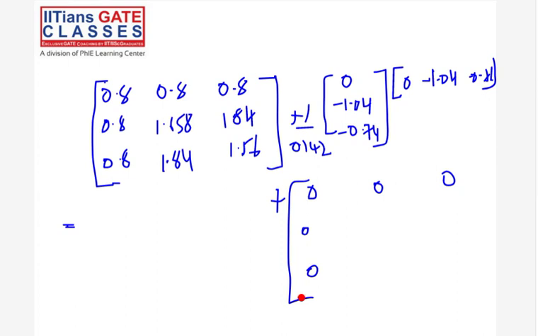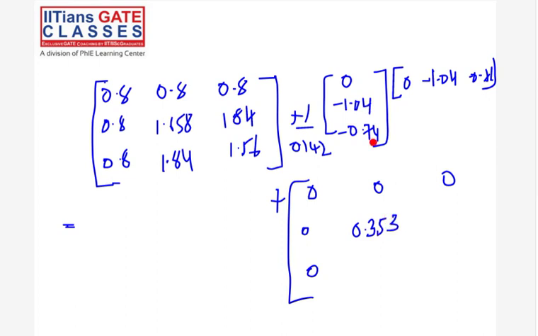Okay, 1.04 divided by 3.05. It comes as 0.353.